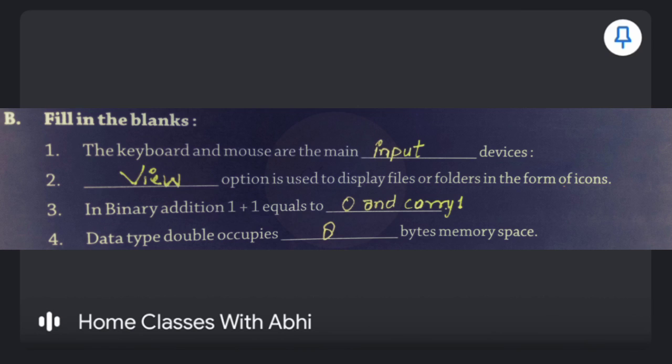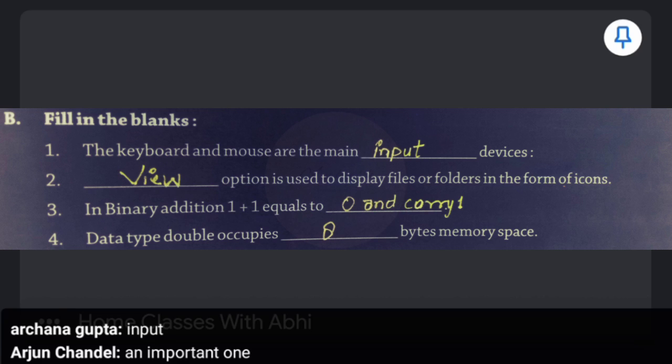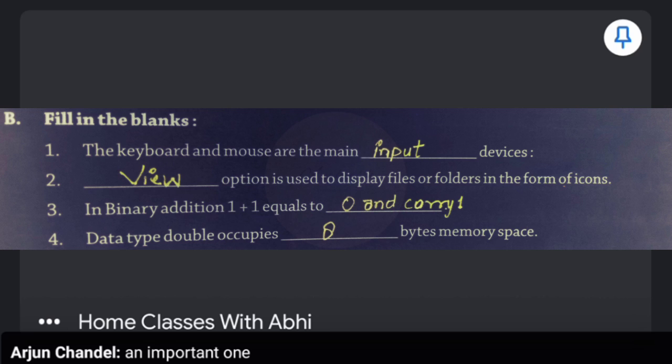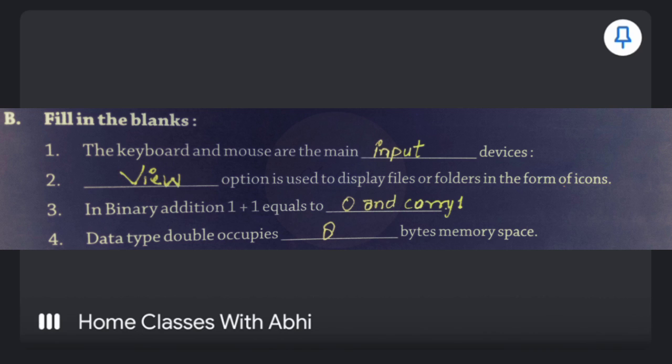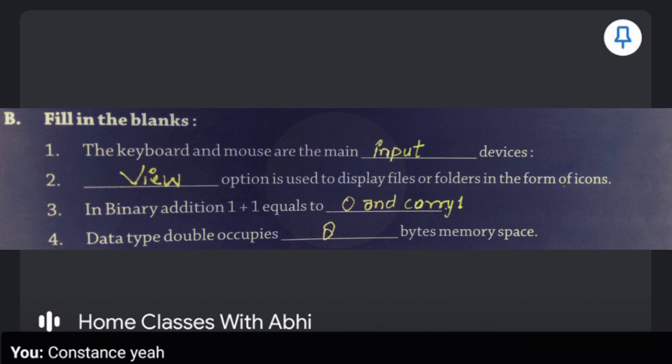The keyboard and mouse are the main dash devices, input devices. Why are they input devices? Why are keyboard and mouse the main input devices?